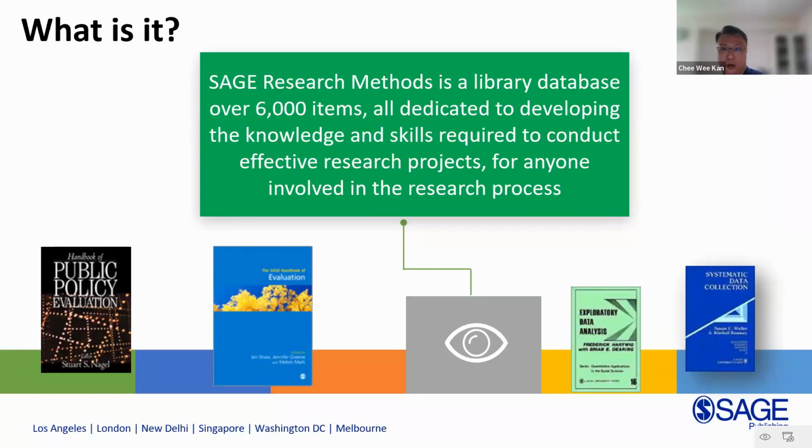To date, Sage has been improving, and we have added content that is not just based on theory, but also cases and data sets. Because we believe that in the advanced academic world, not just by reading, we also require different methodology to cater for different learning styles.